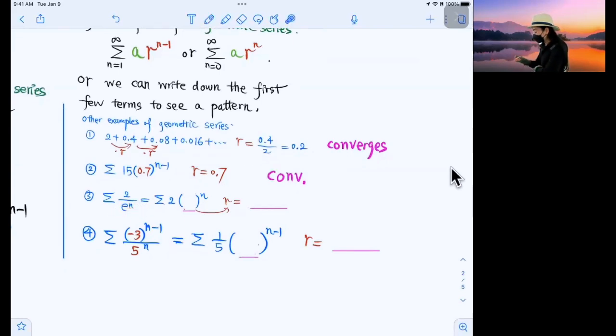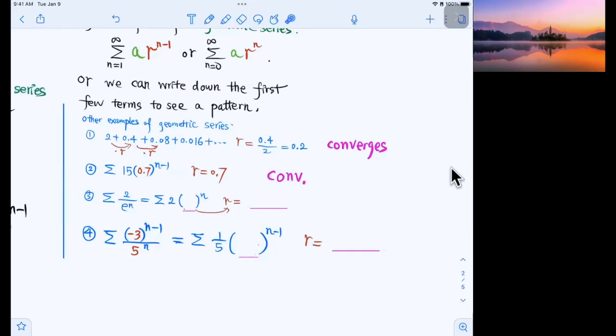Okay, next one here. Can you rewrite that in this general form? I can put a 2 here, and then this to the n power. What should I put in this parenthesis here? E to the negative 1. Yeah. So, Diana say this is 1 over e to the n, so it's e to the negative n.